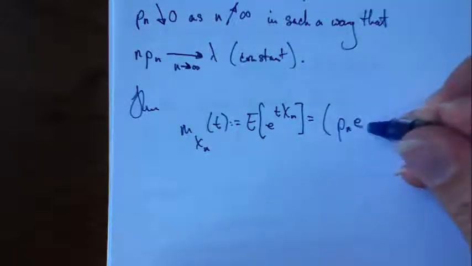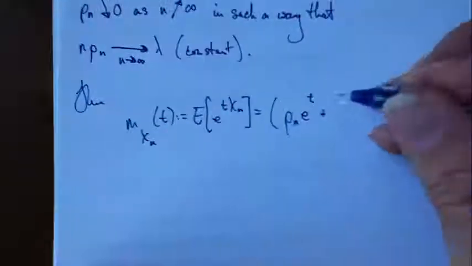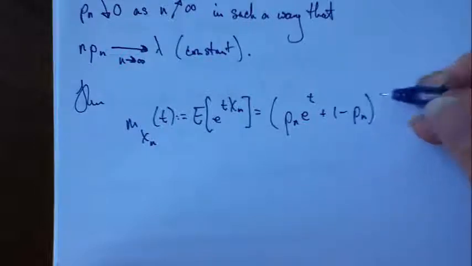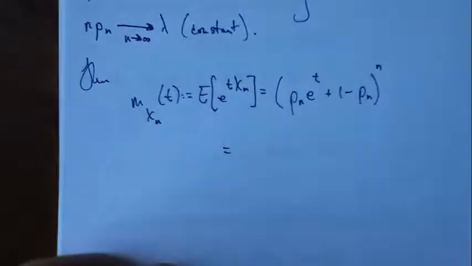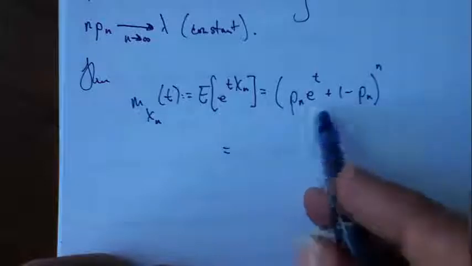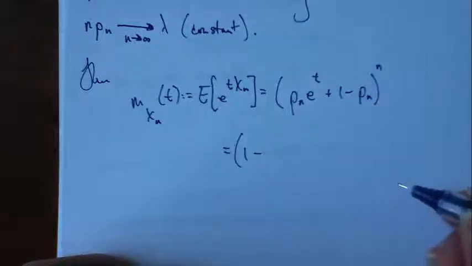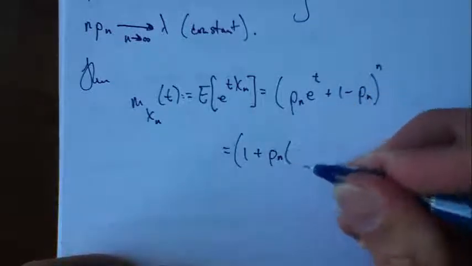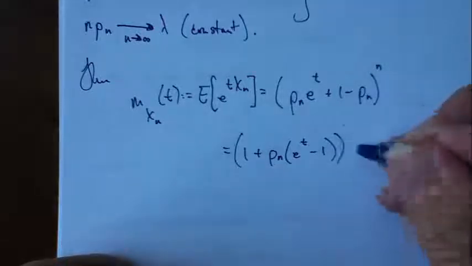It's just p_n times e to the t plus 1 minus p_n, all of that raised to the nth power, right? Okay, so let me pull my p_n stuff together here. Another way I can write this is 1 plus p_n times (e to the t minus 1), all to the n, right?